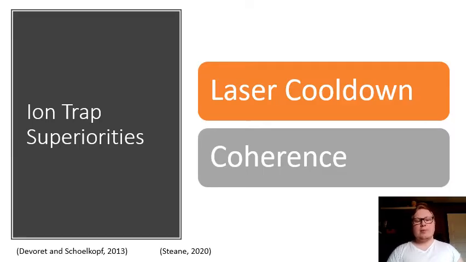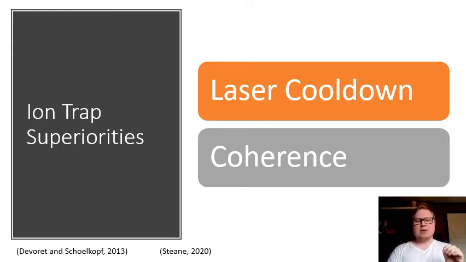Now, the ion trap superiorities are, well, there are only two, but they are rather significant. They can be laser cooled down. Both of these systems, the superconducting and the ion trap, need to be cooled down to a very, very low temperature. That is very hard for the superconducting because you have to physically cool it down, which is very expensive and very energy costly.